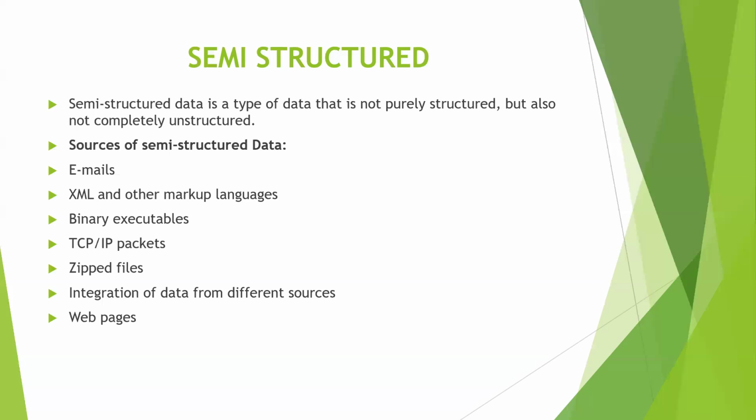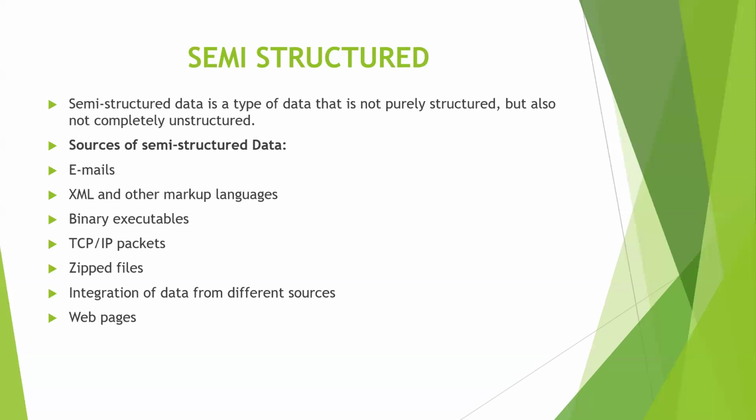Now, what is meant by semi-structured data? Semi-structured data is a type of data that is not purely structured, but it is also not completely unstructured. That is why it is called semi-structured data. What are the sources of this type of data?